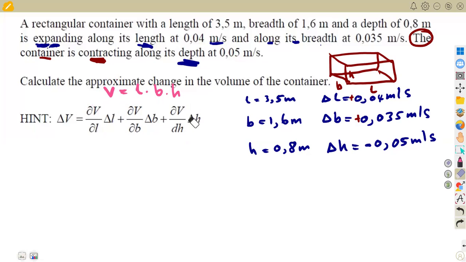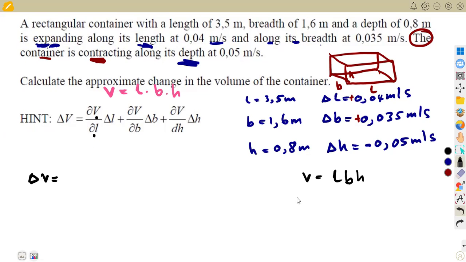So here, it was not going to be an effect. We just need to find the derivatives, then we answer our question. So the change in volume is going to be given as what? Let us start. The derivative of the volume with respect to length. Remember, our volume is given as LBH. What will be the derivative in this case of the volume with respect to the length?